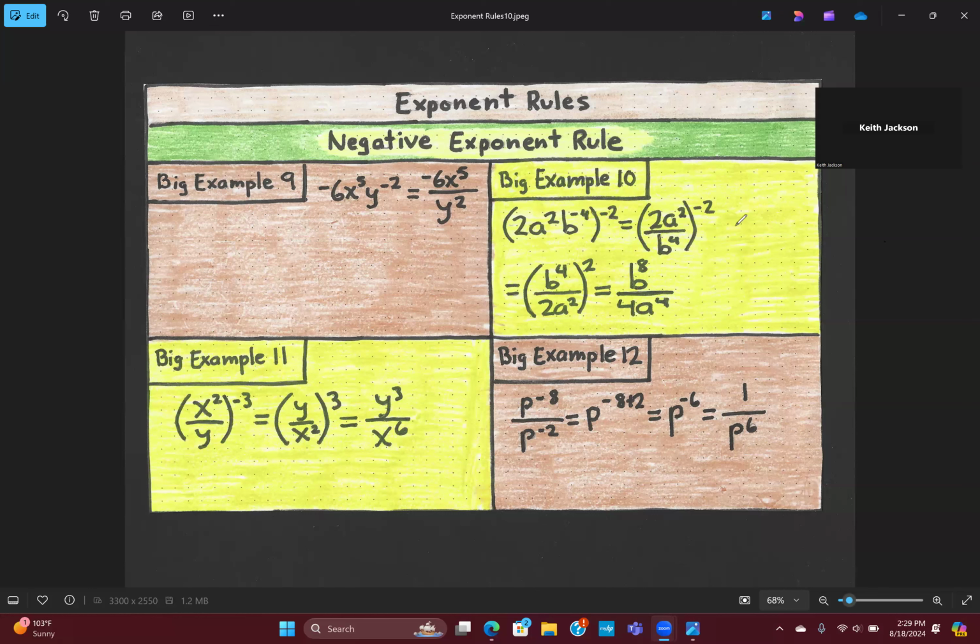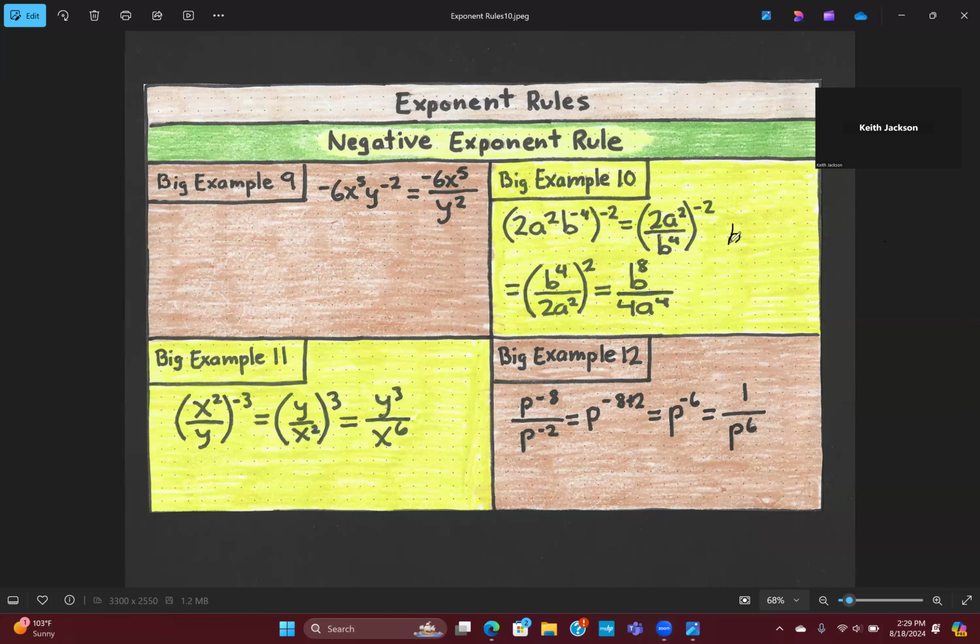Now here's what's going to happen. The 2a raised to the second power and the b raised to the fourth power in the denominator are going to switch positions. And here's how that's going to happen. Any quantity up here in the numerator raised to the negative power, again, is going to be 1 over this quantity, and that's why 2a raised to the second power is going to end up being down here. Now, here's what's going to happen to b raised to the fourth power raised to the negative second power.